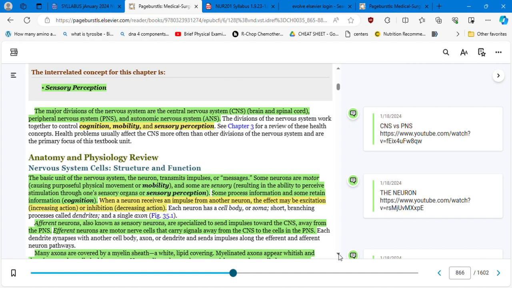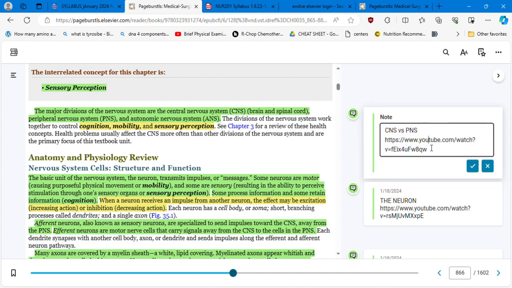So I'm going to help my presentation with videos, and it's going to be easy to understand, guys. Okay, let's start with the CNS versus PNS. As I told you, central nervous system covering the brain and the spinal cord, and the PNS. Let's go.